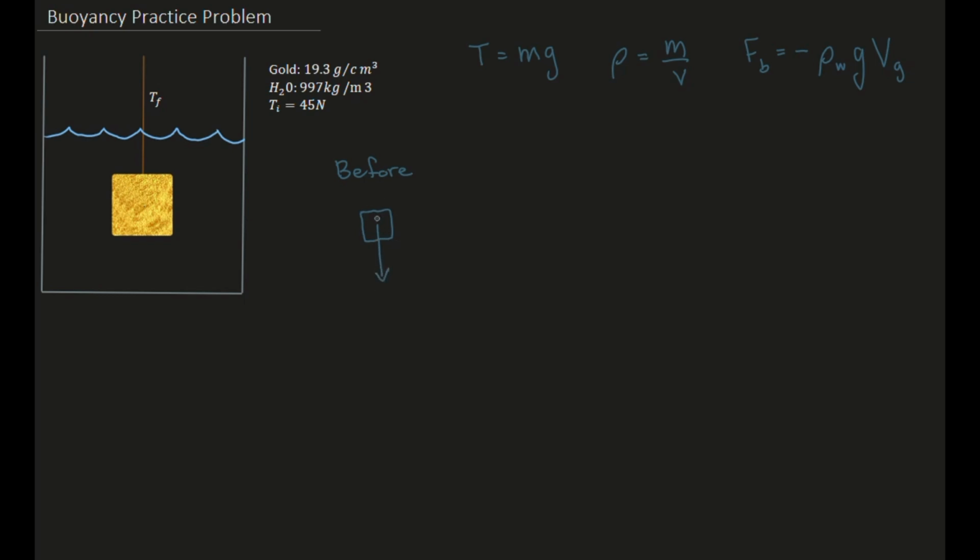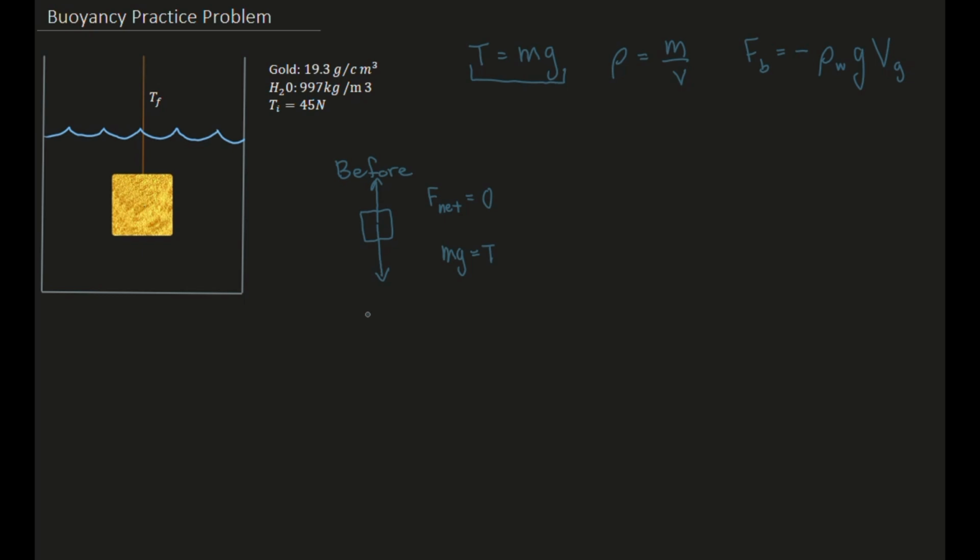If we say that as we're dropping the block in, it's neither accelerating nor decelerating, it's going at a constant velocity, so the net force is equal to 0. F net equals 0. The force pulling it down is the force due to gravity, which is the mass times the gravitational acceleration, and the force holding it up is the tension of the string, which is where we get this first equation. This is before the block is submerged into the water.